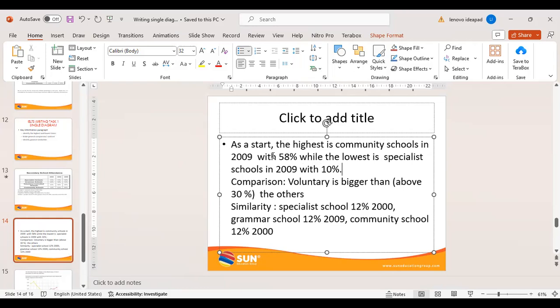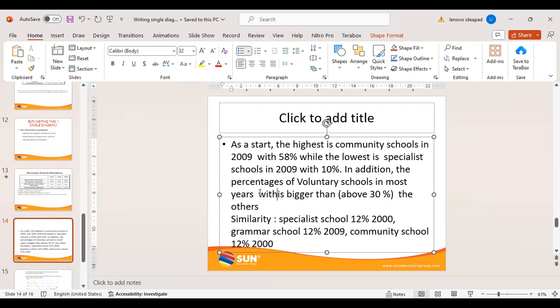Then we need sequential markers. In addition, the percentages of voluntary school in majority, or you can say in most years, with above 30%, is bigger than the others.